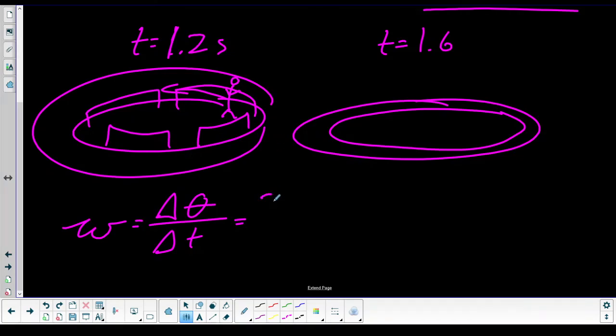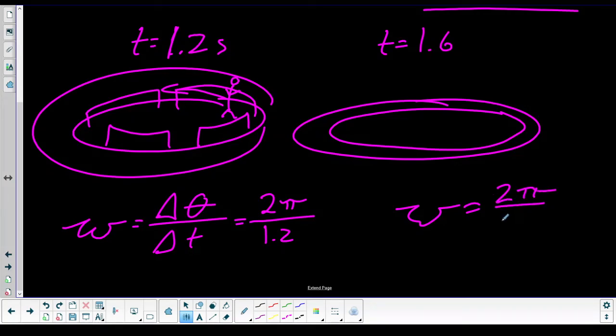So you have 2 pi divided by 1.2 for this one. And then our omega for this one is 2 pi divided by 1.6. Okay. Obviously, the smaller one has a larger angular velocity because it takes you less time to go in a full circle.